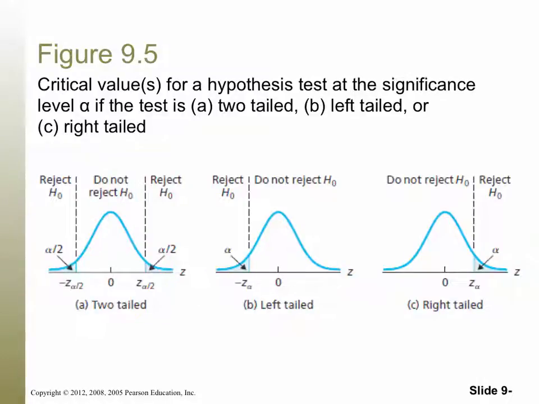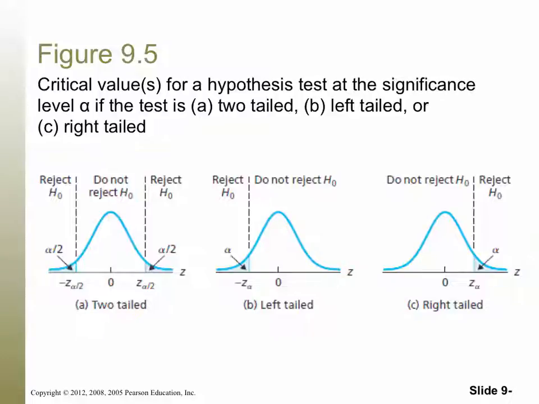Same thing here, and this is just showing how alpha and the z-score compare. So this is nothing new. Alpha is the significance level, it's the area under the curve, it's the chance of making a type 1 error. And when you have a two-tailed test, that alpha has to be split evenly to either side.